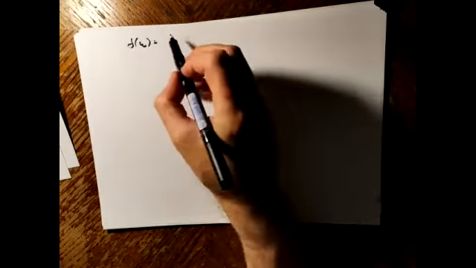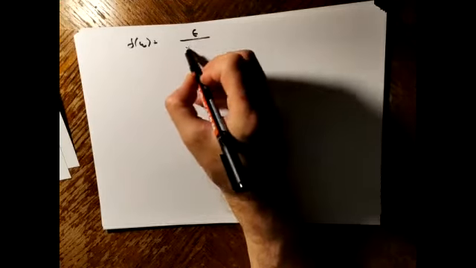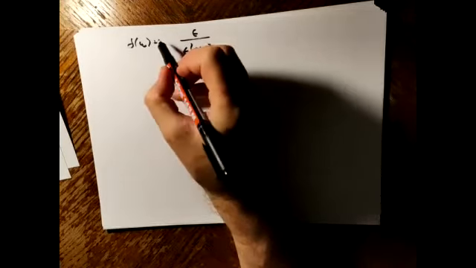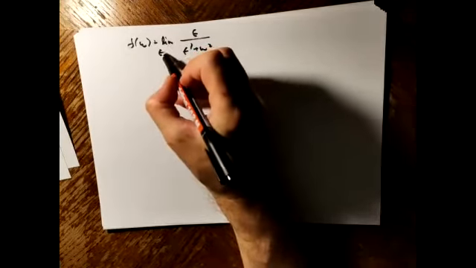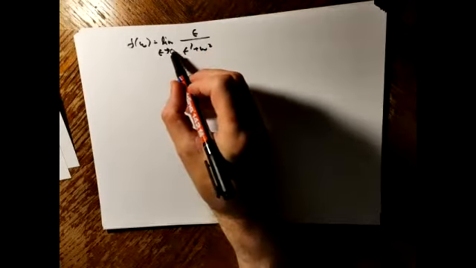So let us look at our function f of omega: epsilon over epsilon squared plus omega squared, limit epsilon going to 0.